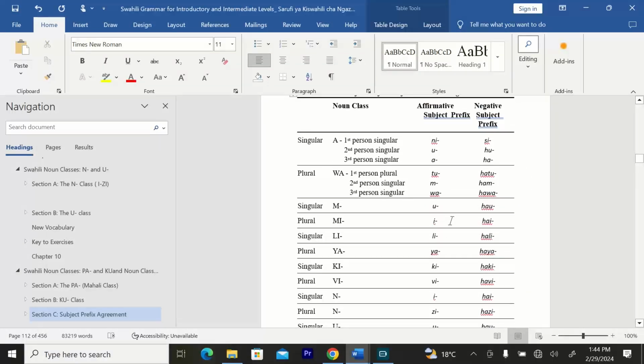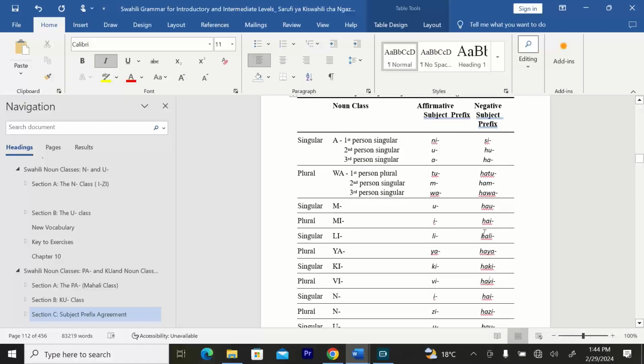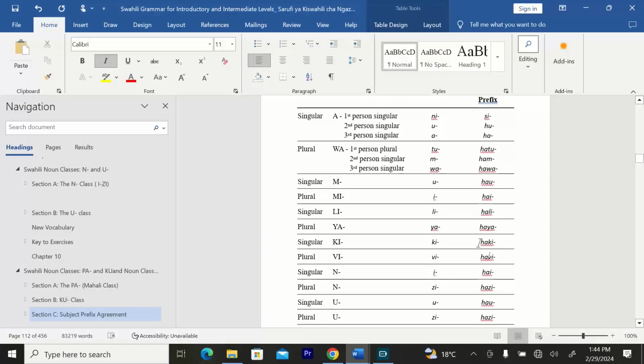The negative subject prefix of li is hali, and in plural is haya. Kitabu is ki, while in plural is vi. The negative subject prefix is haki, and in plural is havi.